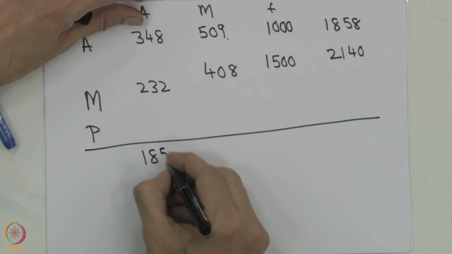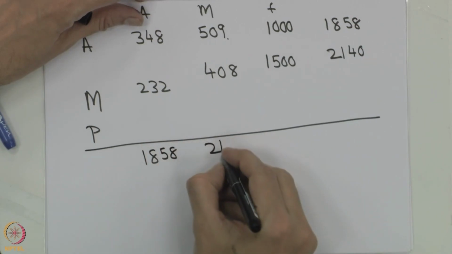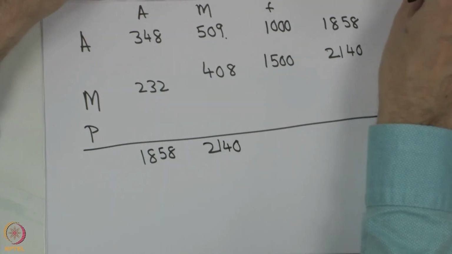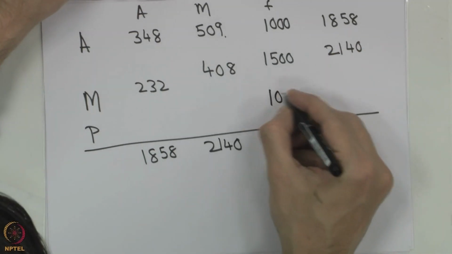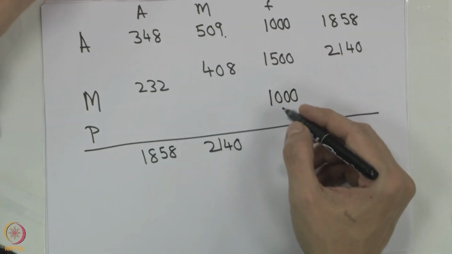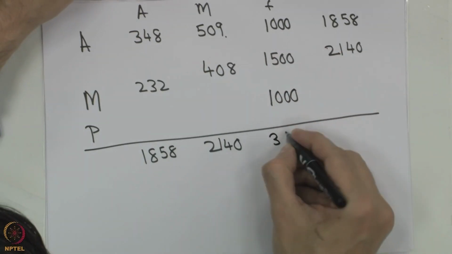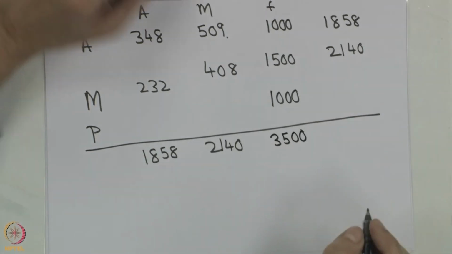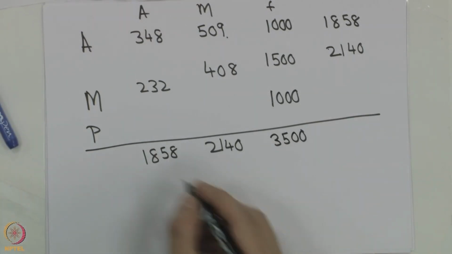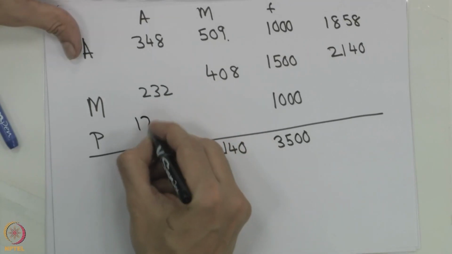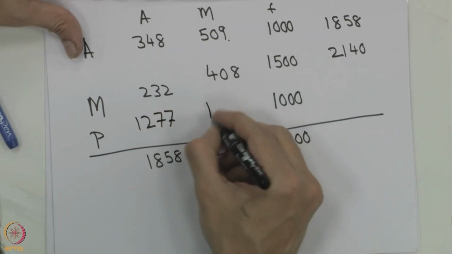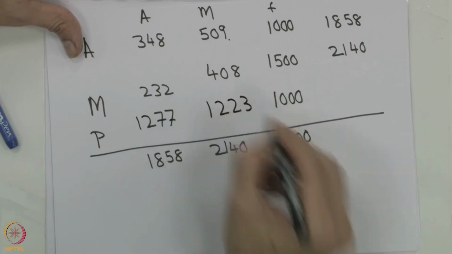Now, when we look at the payments sector, we get this as the subtraction. We take this as 1858, 2140. This one will remain constant, the remaining part 1000. So, then this is 2000 and 1500, 3500, and these values we will get as 1277, and this is 1223.